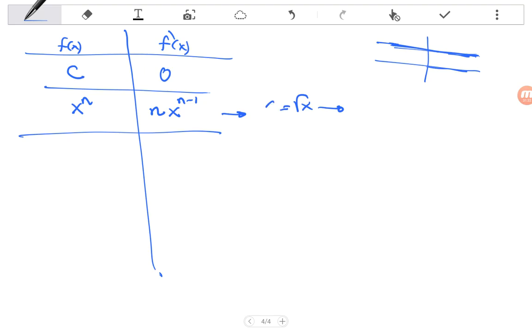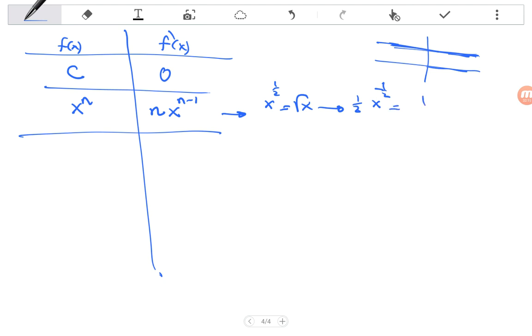When you express root x, it is x power half. So what is the derivative? I will just apply the rule. I will take the power down to be half x, and then subtract 1 from the power, which will be negative half.